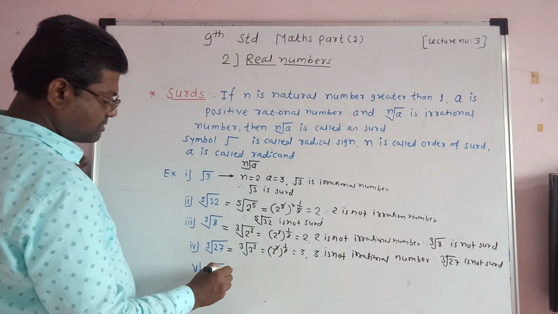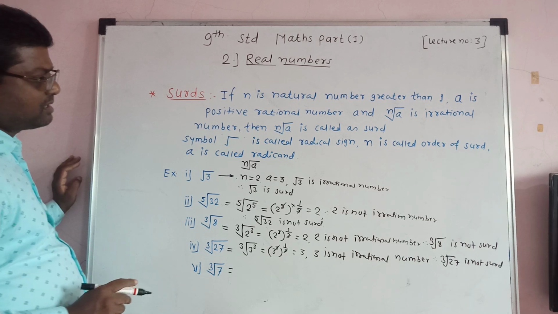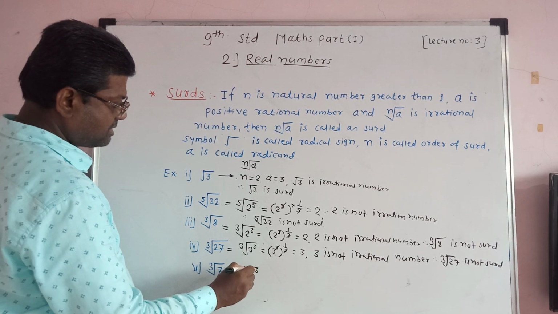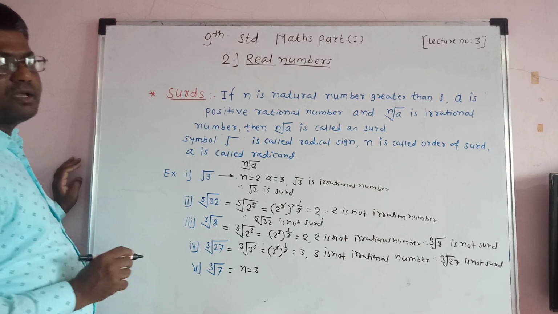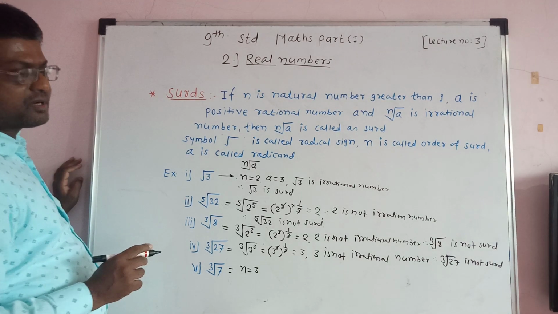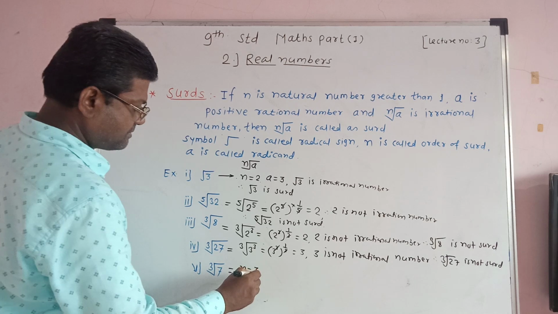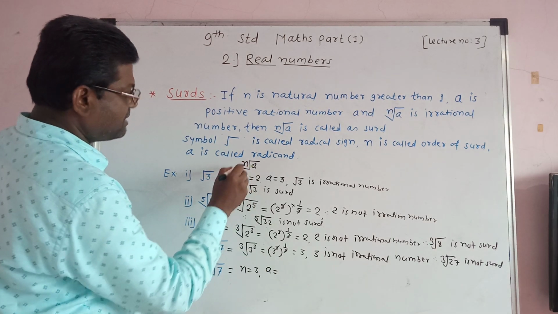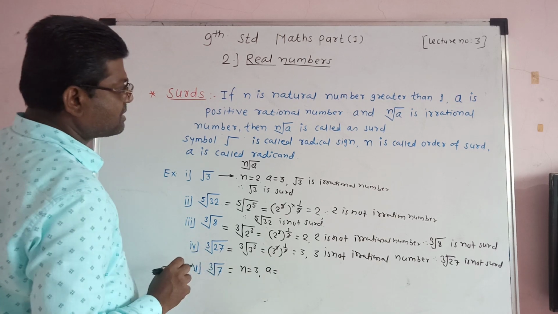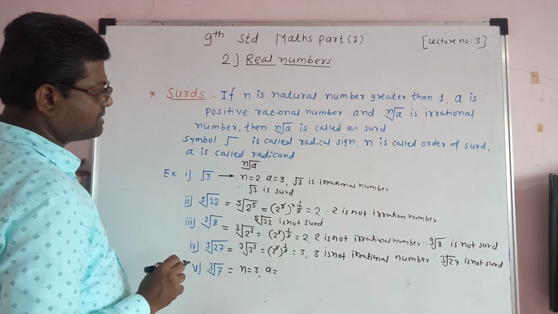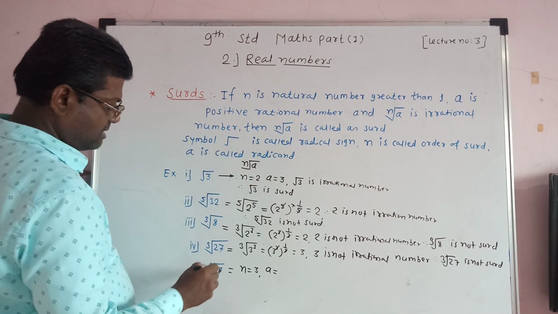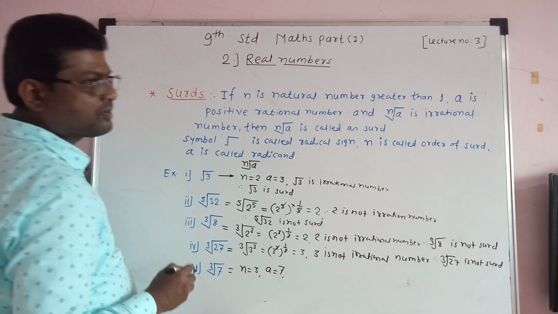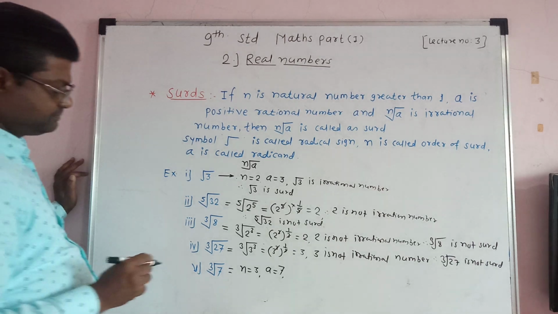Now consider cube root of 7. Here n is equal to 3, which is a natural number greater than 1. Then a is equal to 7. Comparing with this, n is equal to 3, greater than 1, a natural number, and a is equal to 7, a positive rational number.